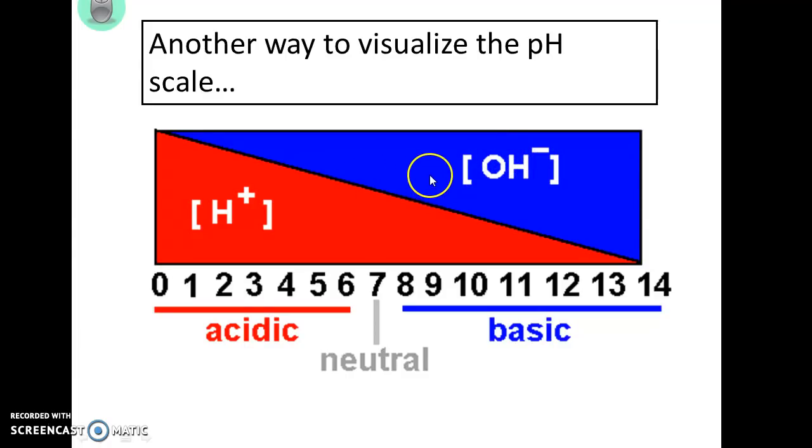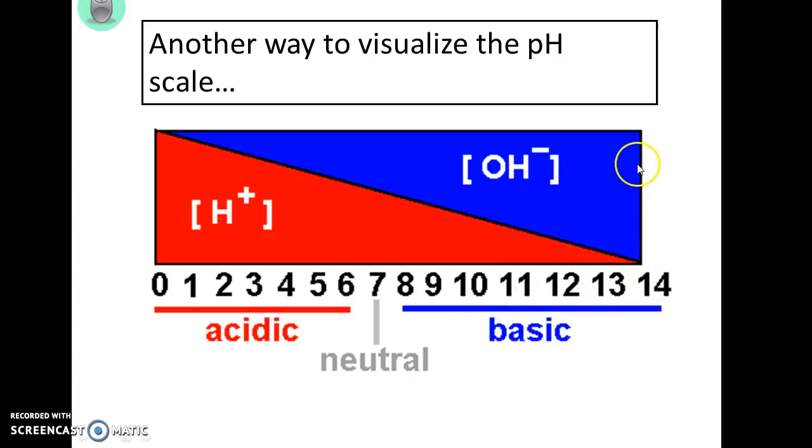As the hydroxide ion increases, the hydrogen ion concentration decreases. These brackets around here are concentration. So as the concentration of hydroxide increases, hydrogen ions decrease, and the pH goes up.